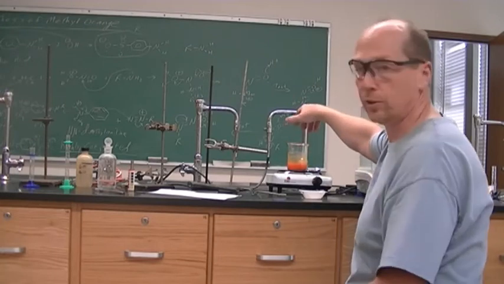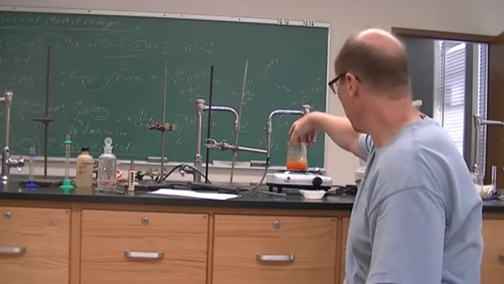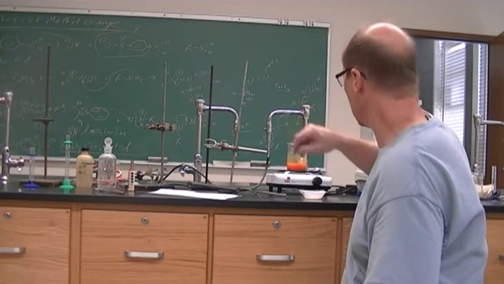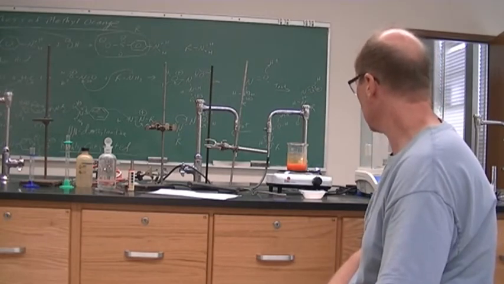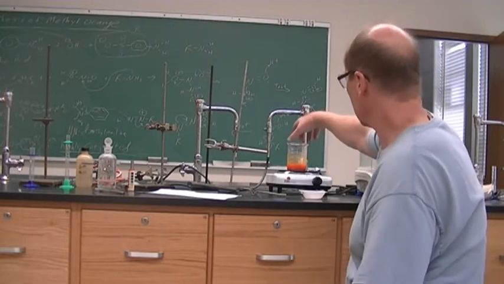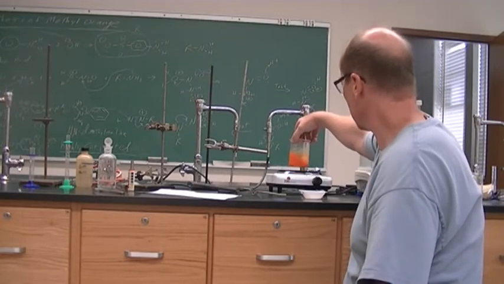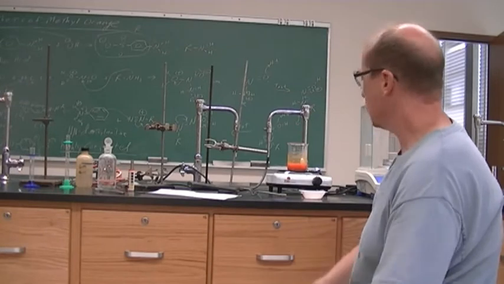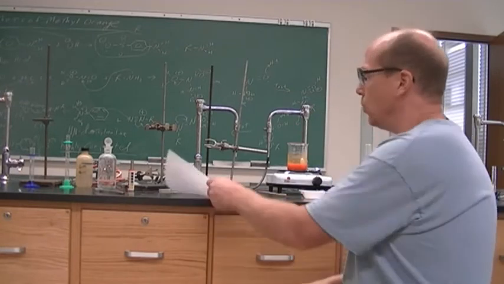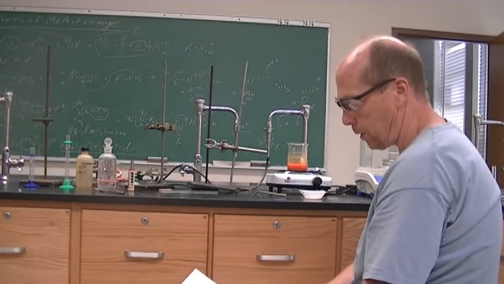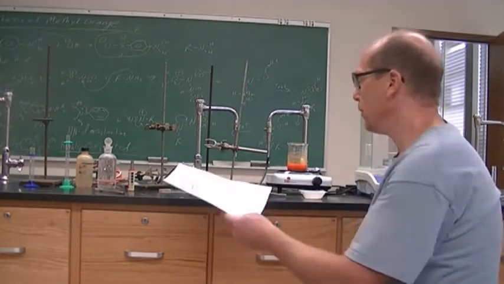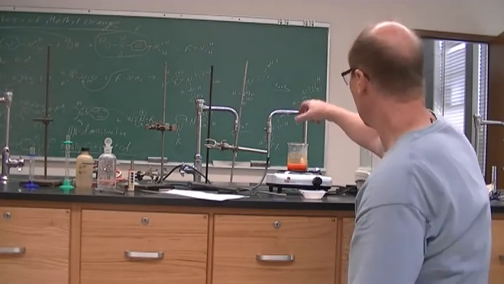Heat this up, make sure that it is fully reacted. So a colorful reaction. We're going to then isolate it, and then we're going to do our indicator test and see what color methyl orange turns in acid, and see what color methyl orange turns in base.